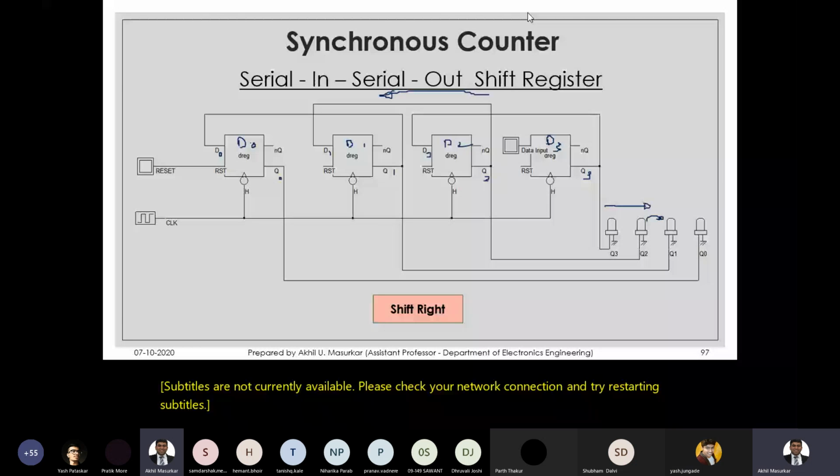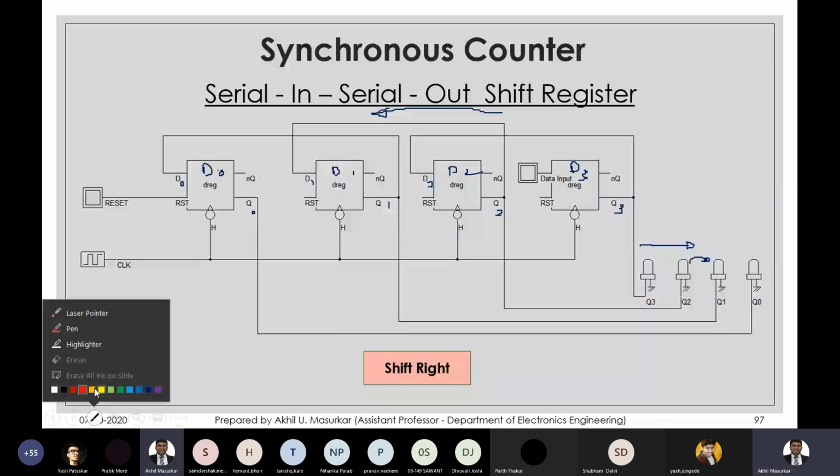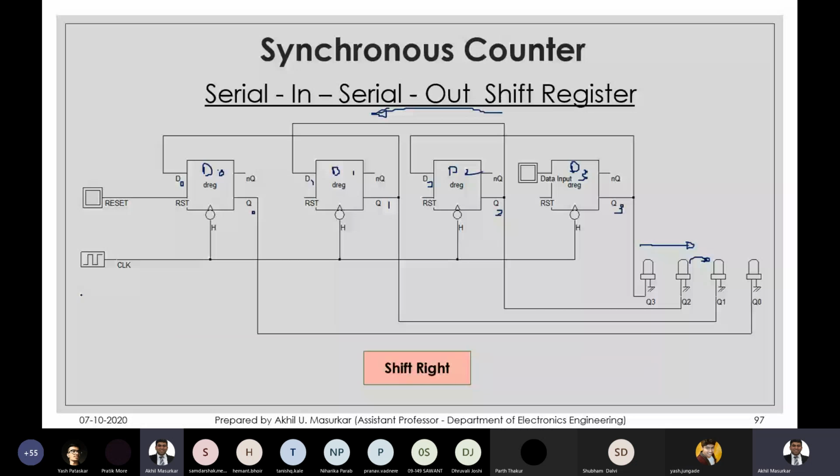Okay, so I'll tell you what is happening. It is still shifting. It is not one time. What you are doing is initially you are resetting, right? Let us say we have clocks 1, 2, 3, 4, 5, 6, and 7.